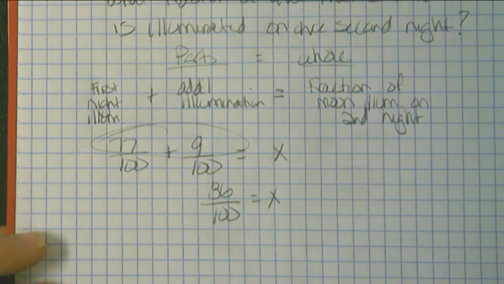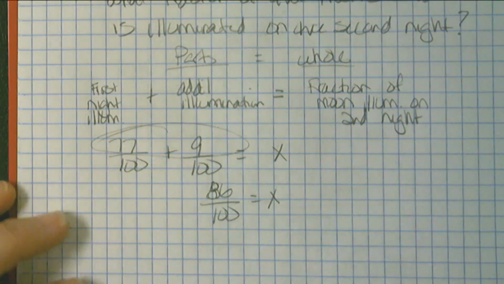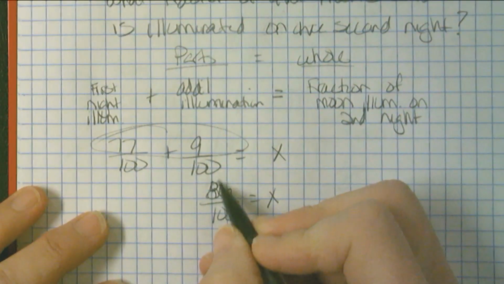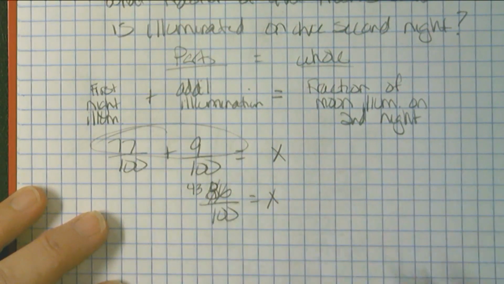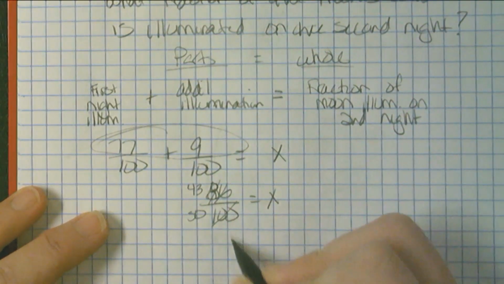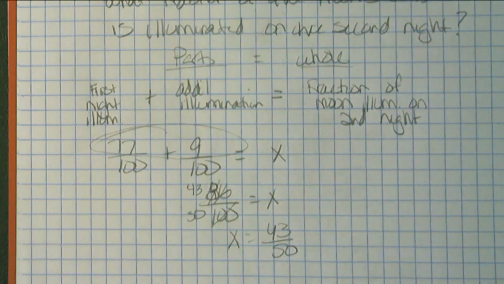What common factor do 86 and 100 have? I'm going to start off with 2 as well. So 86 divided by 2 is 43, and 100 divided by 2 is 50. So far I have 43/50ths. I think that's simplified, isn't it?